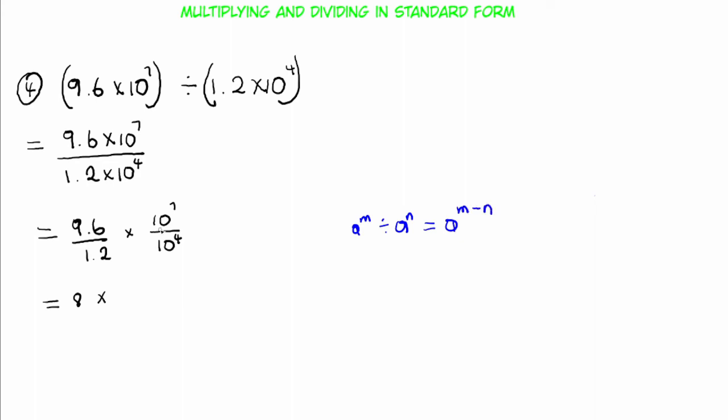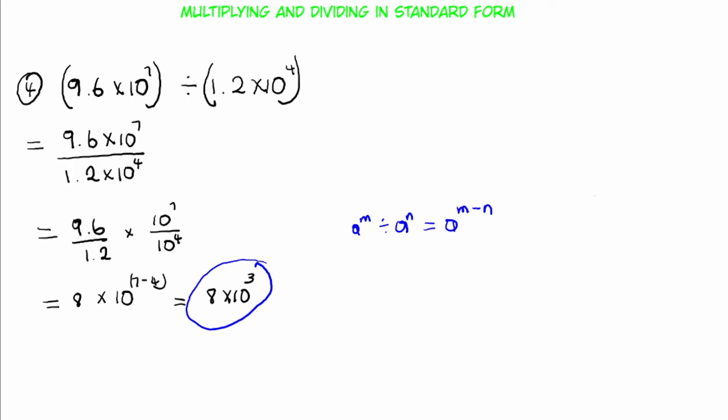So this is going to be 10 raised to 7 minus 4. And our final answer, 8 times 10 to the 3rd power. And yes, this is standard form, and this is our final answer.